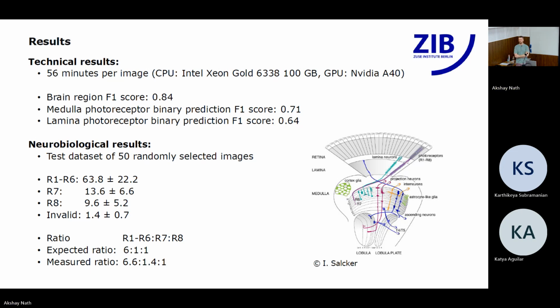But would the neurobiologists be interested in seeing some of the intermediate results to gain confidence? So after running the workflow, you don't only see the results, but also all the segmentations are saved. They are being saved through the entire workflow.